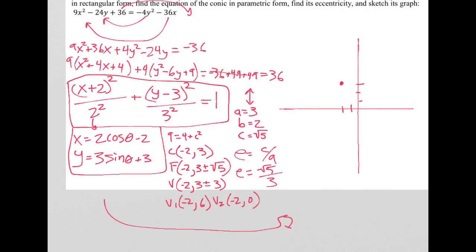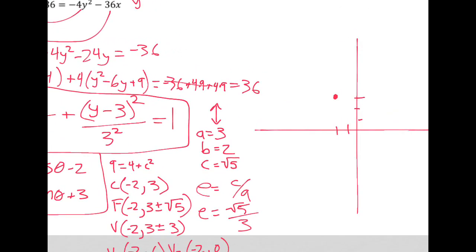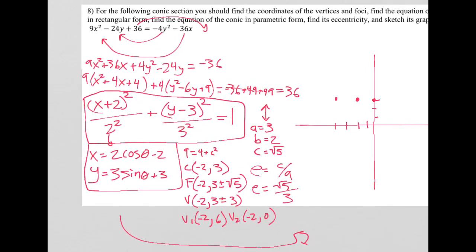That 2 with the x, that 2 cosine theta, is saying go to the right 2, and go to the left 2, because I'm hanging out with x. And then let's do the same thing there. That 3 in front of that sine theta on the y term is saying go up 3, 1, 2, 3, and go down 3 from the center to get your vertices right there. And then we can draw in our little egg.